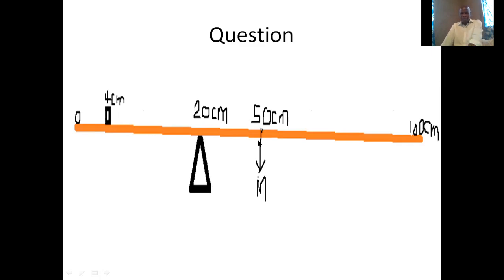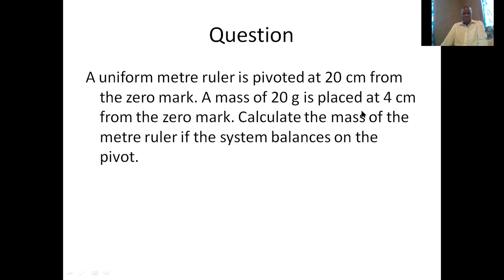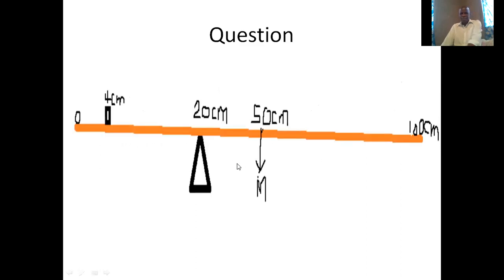And they say, calculate the mass of the meter rule if the system balances on the pivot. What it means is that it is in equilibrium, so when you put this object, it balances. So what is the other force which is enabling it to balance?